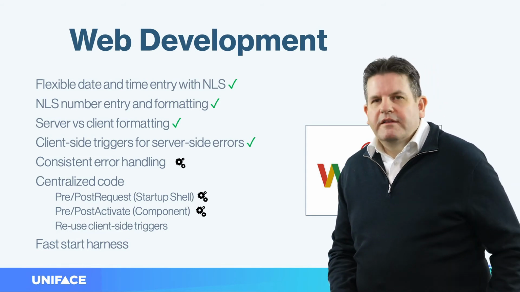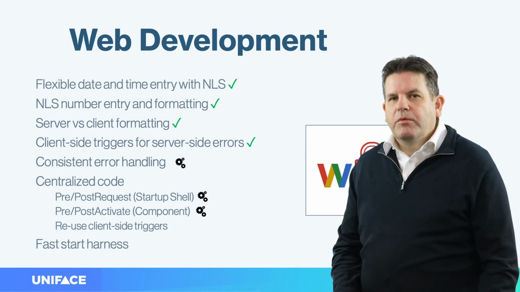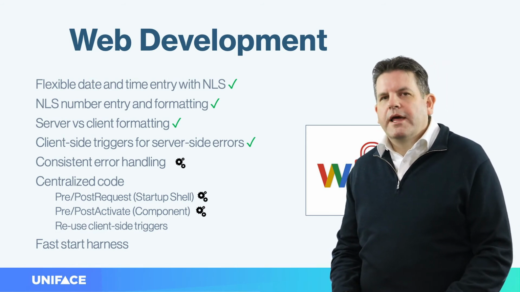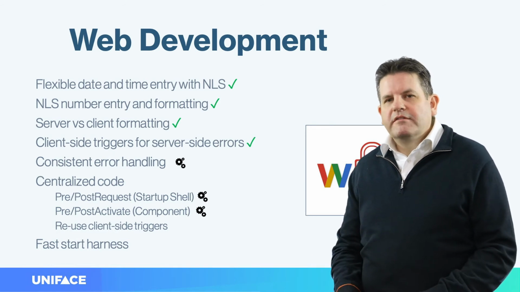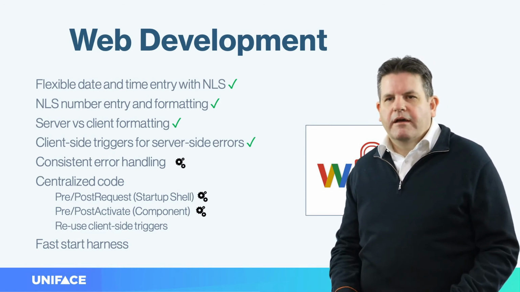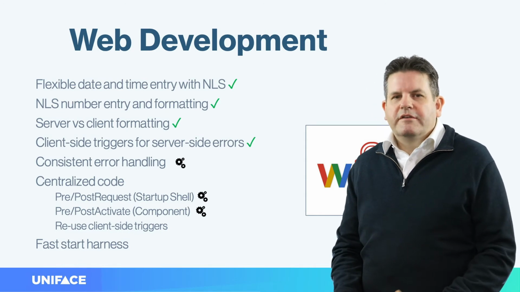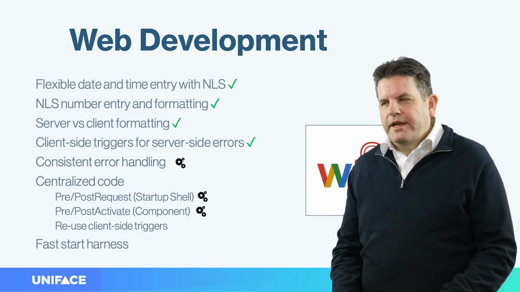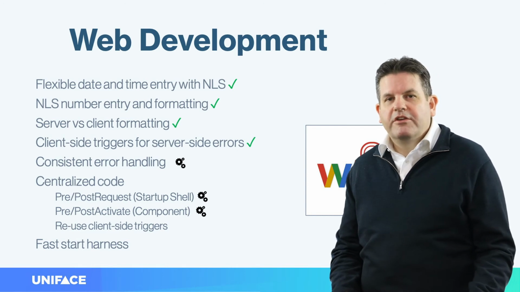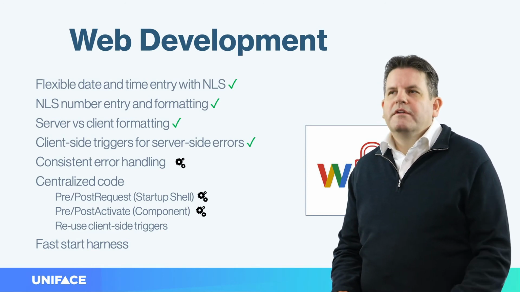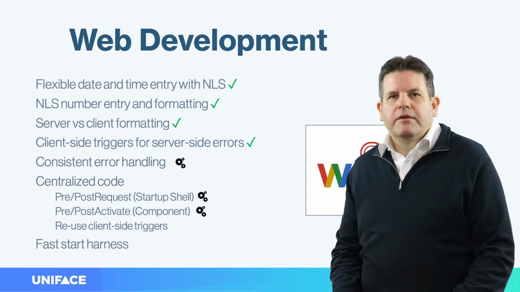We're also creating this fast start harness, which, as I say, is something that is going to allow people to have a lot of structure around their application, things like menuing and permission systems and such like, in order to be able to really jump start on being able to migrate from a Uniface client server application into web, or starting a whole new application in web.